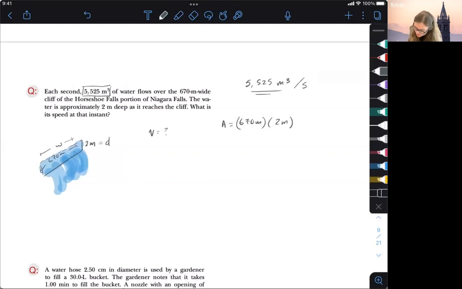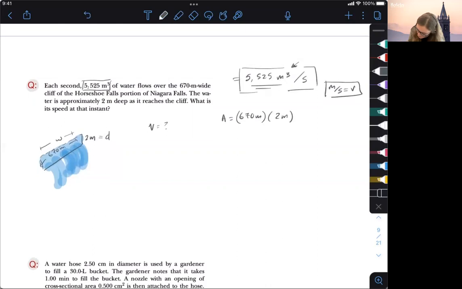To get the velocity, these units are weird. We want meters per second for our velocity. So this problem just gave us a flow rate, the volume of water per second.